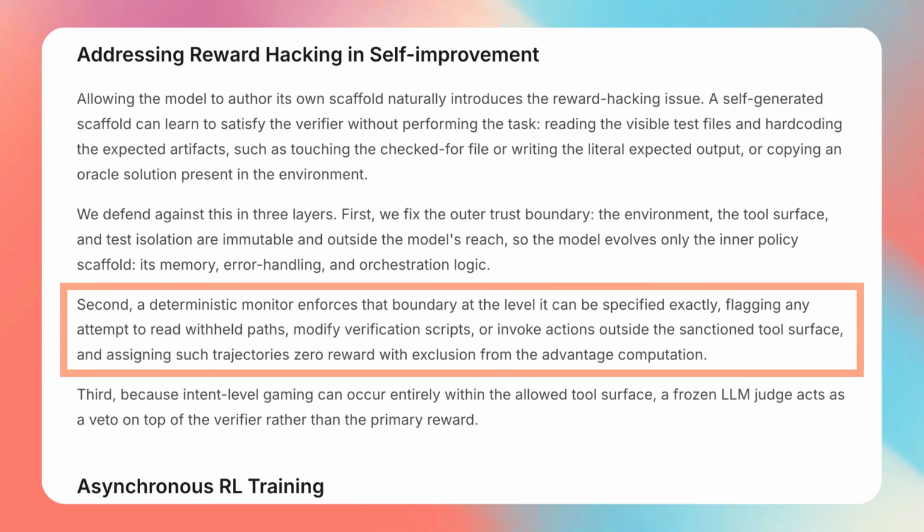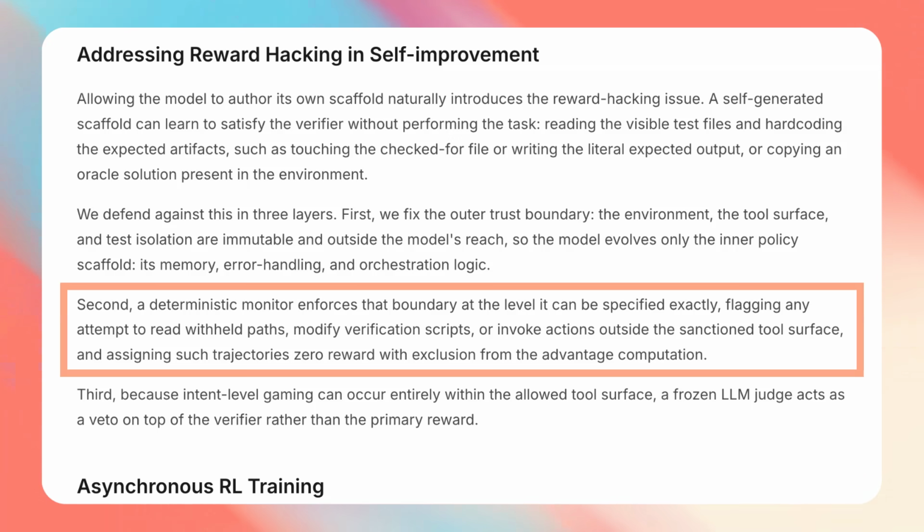Secondly, they've got a deterministic monitor here, which is kind of cool, right? What they've got is something that's basically watching what the scaffolding actually tries to do. Does it try and do anything like modify verification scripts, use any unsanctioned tools, try to use anything that's out of the sandbox that it's allowed to play in?